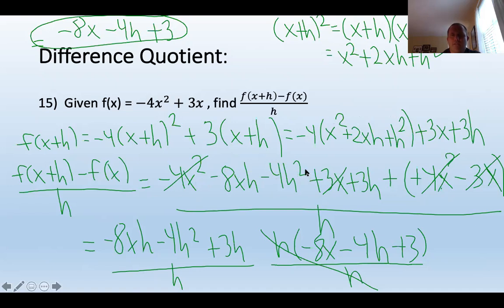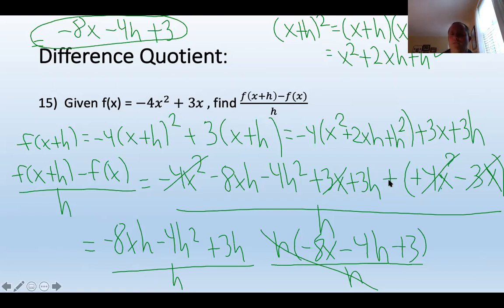And then you have plus 3x plus 3h, then minus, there's the minus part, and then f of x is just the function as it is, which was -4x squared plus 3x, but the minus distributes to both terms, and I just went ahead and switched the signs there.